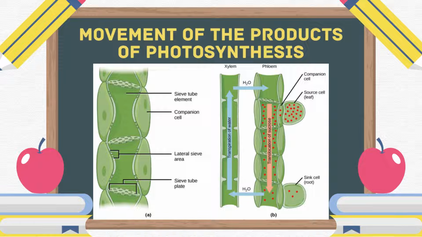What is the companion cell? What is the source cell? Please look at that. Take your time. Pause here. I think we are almost at 30 minutes now, so you can pause, take a break, have your water, and then we'll be back.